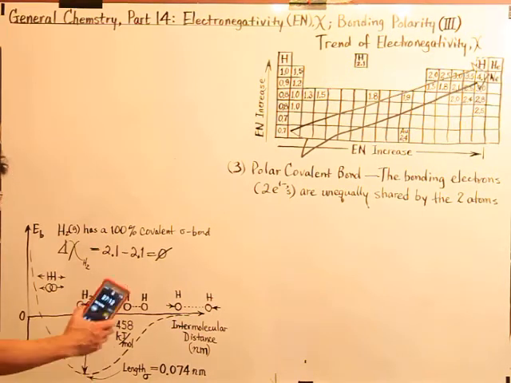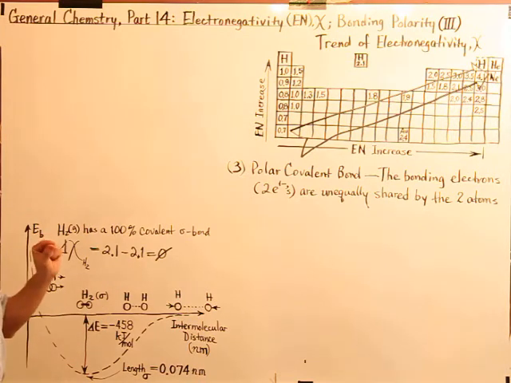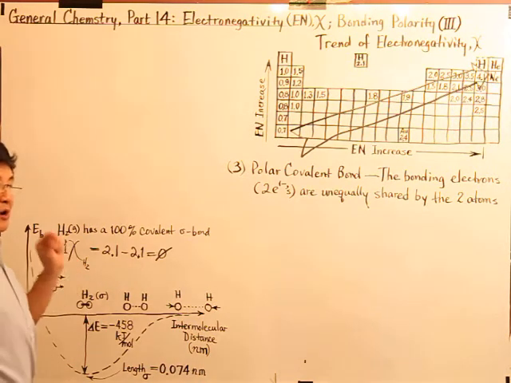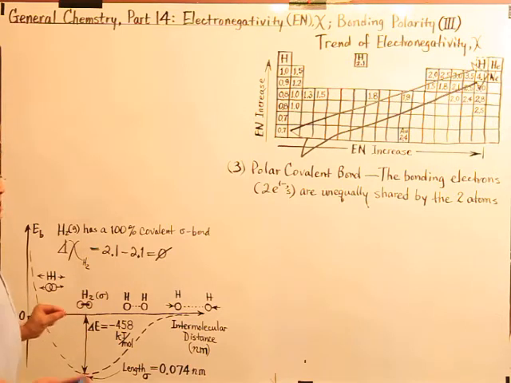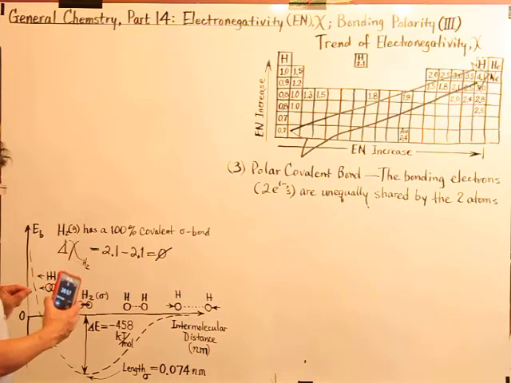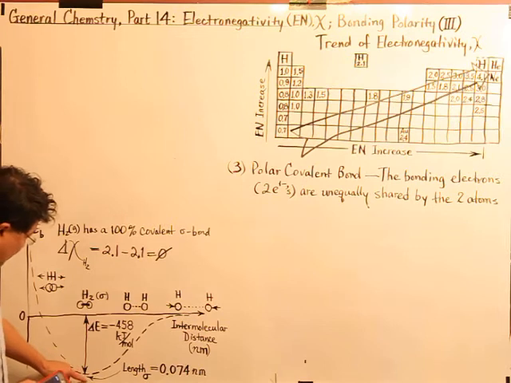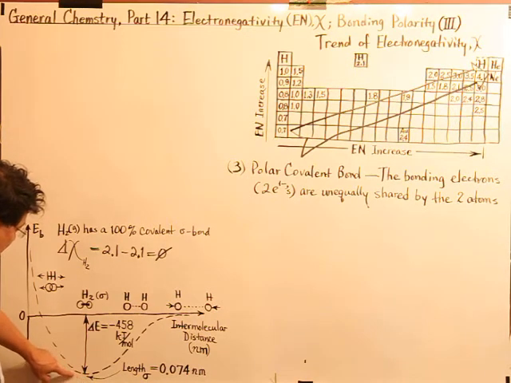But if you push these two nuclei closer, with the electron 100% shared in the middle, which we call a covalent bond, then the repulsion between the two nuclei gets greater and greater. The energy for the whole system, which had gone to the lowest possible state, gets higher and higher.